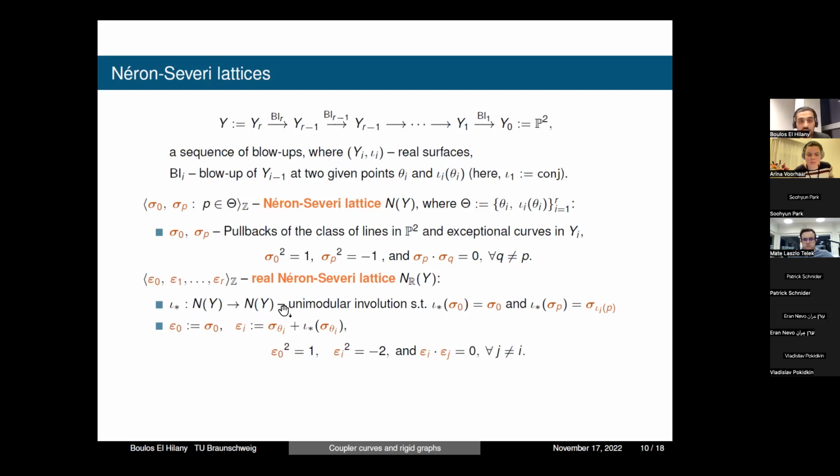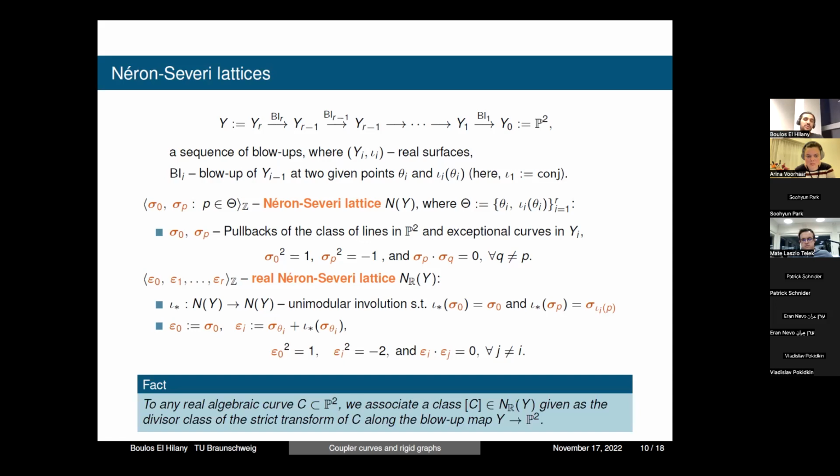And I can lift this real structure from Y to Y to a unimodular involution. Since this involution on the generic line gives me a generic line, I have iota star of sigma 0 equals sigma 0, and iota star of sigma p is sigma of the transformation of p. And from this, we have a bunch of operations on my group. The main point here is that I can reduce almost half the dimension of my lattice by taking into account the structure of real points.